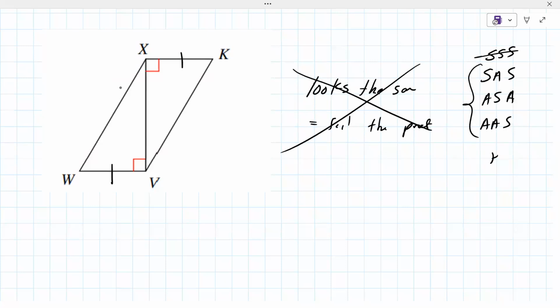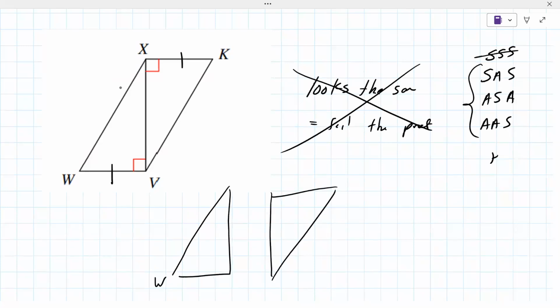One of the techniques we talked about is separating the two triangles. So this angle is congruent to this angle, and this side is congruent to this side. There is another side that's congruent.